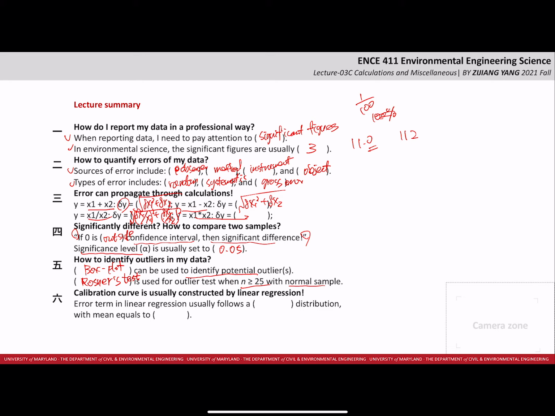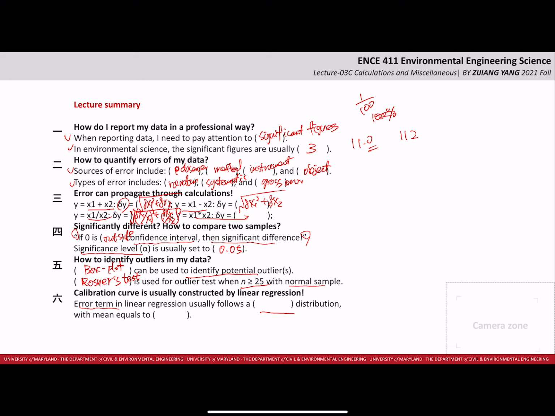This is a table provided by the EPA. And I think in the future, when you are at work or doing research, this test is the most commonly used one.